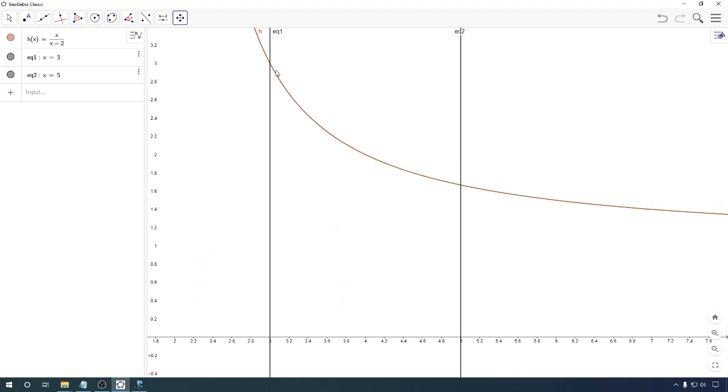And what we found is that we have an absolute maximum for this section of our graph at x equals 3, specifically at (3, 3). And then we have an absolute minimum at (5, 5/3), sorry. So that's the highest point, that's the lowest point, which is all we're really trying to identify.